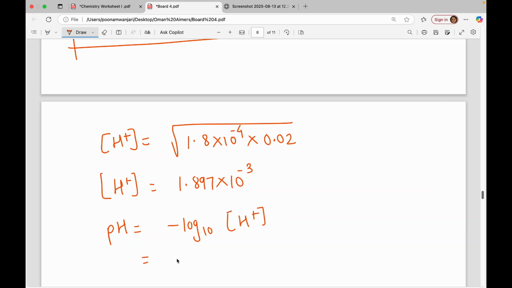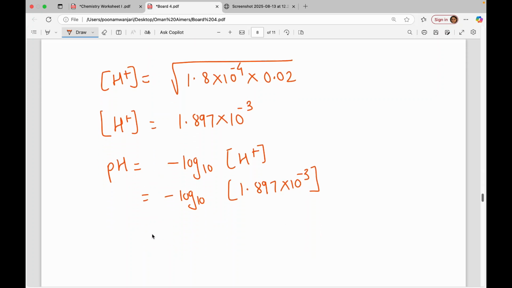So here, students, put the concentration of H plus, that is 1.897 into 10 to the power minus 3, and you will get the value. Directly from the calculator you will get pH, that is equal to 2.7. I hope you understood, students.